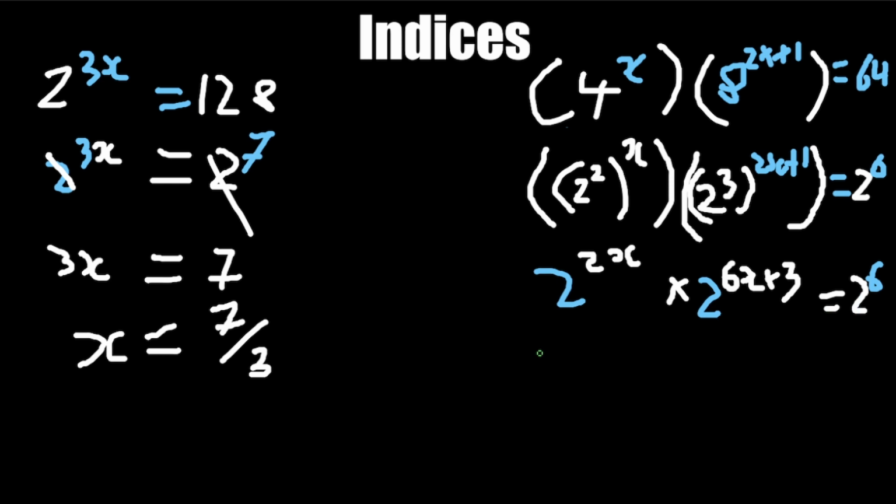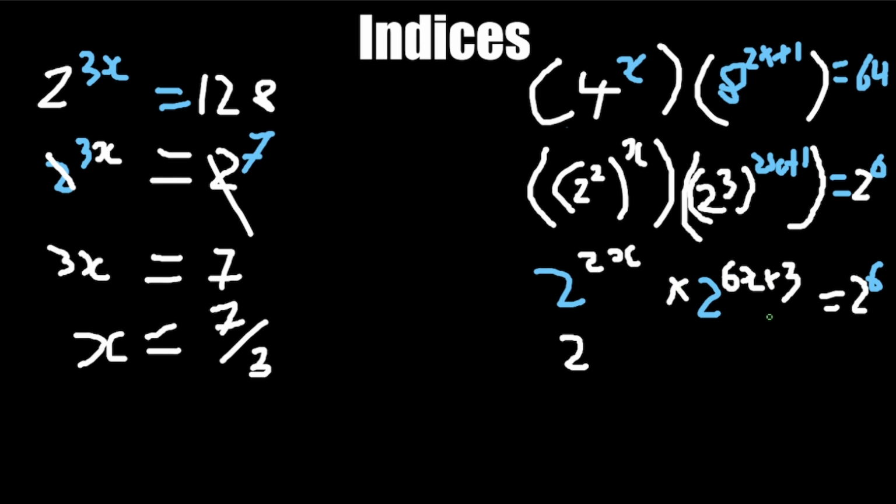Okay, so even though we can drop the bases, we have to recognize we can simplify this a bit more. How can we do that? We have two numbers of the same base being multiplied, so we can add the powers together. So we can say 2 to the 2x plus 6x plus 3.